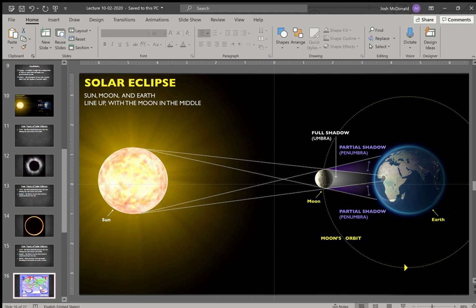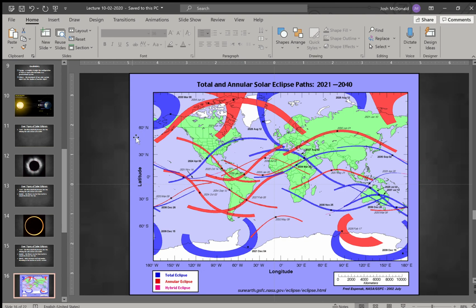So here's a map that kind of shows you the total and annular eclipse paths from the years 2021 to 2040. So you can see it gives some dates and things like that of when the eclipses will be and when they'll be full. And then there's also for the hybrid.